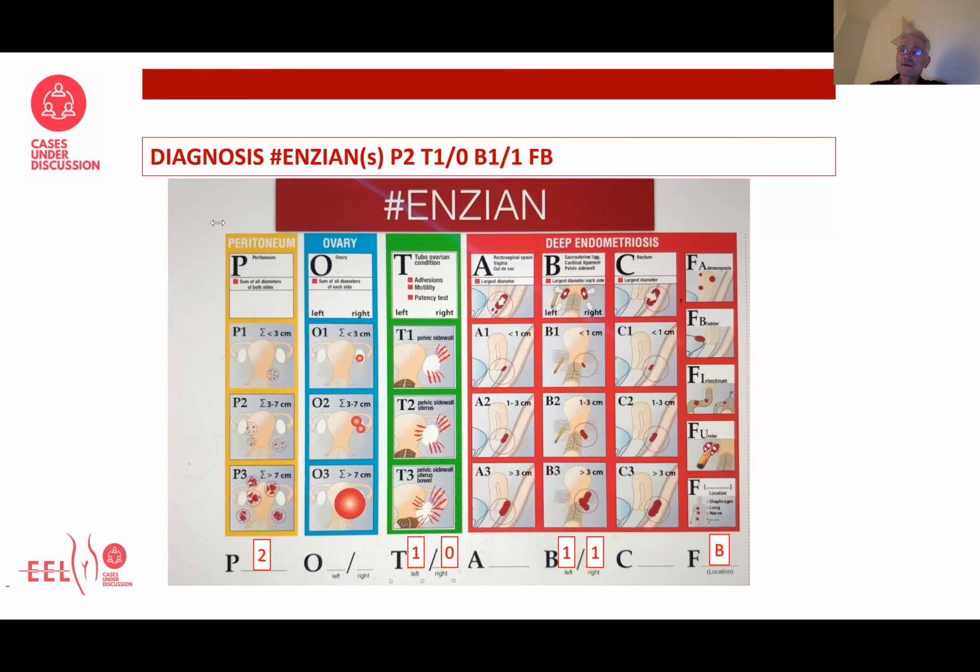You have placed the double J, but I have seen in some other places you only have to introduce the blue guides, both, and you leave them out through the urethra as long as you operate, and then you draw them out. So you don't have to put in the stent and so on.